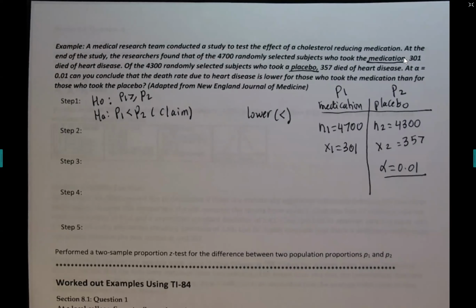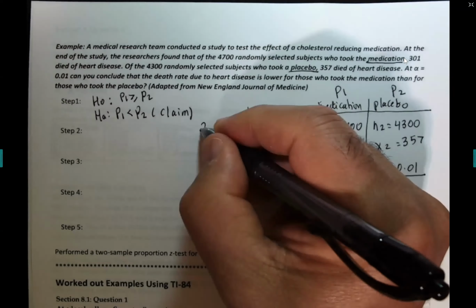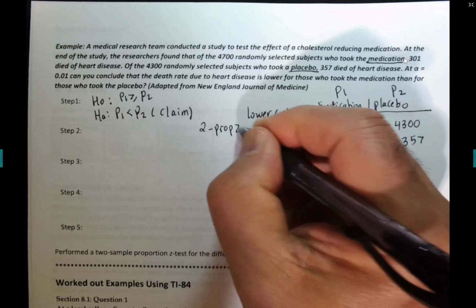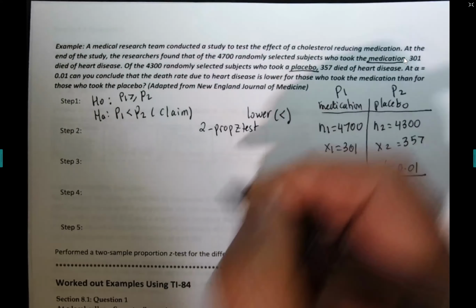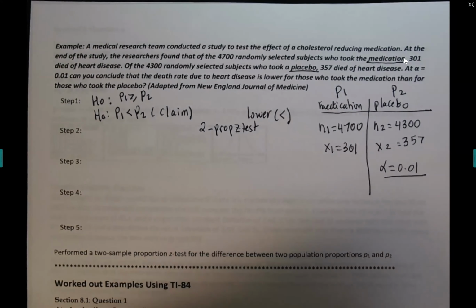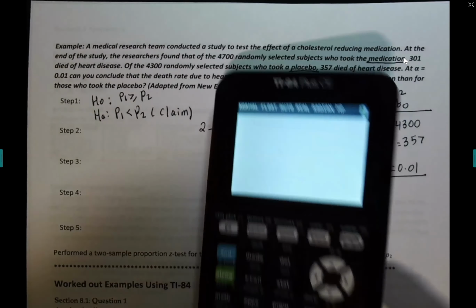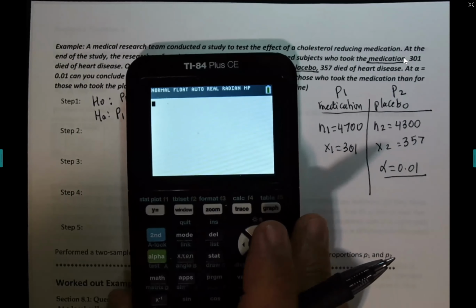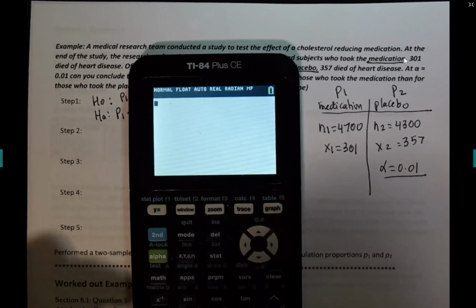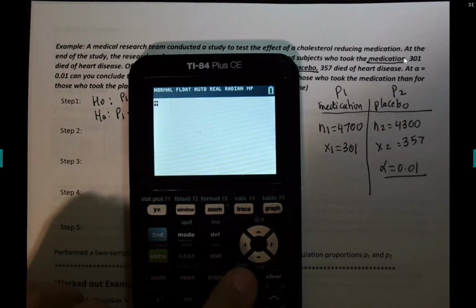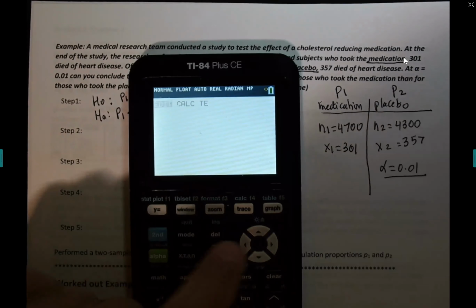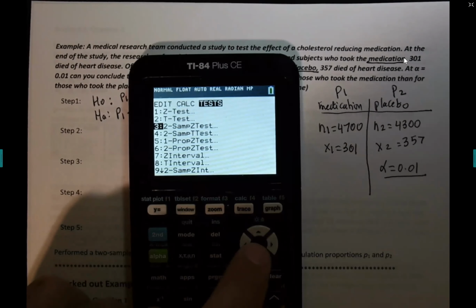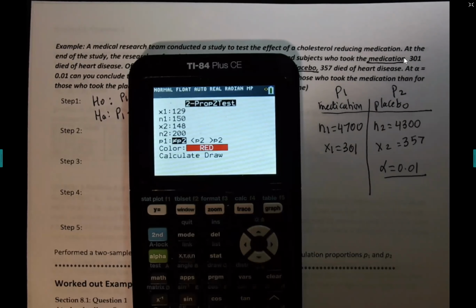All right, two-proportion z-test, as simple as that. Let's run the test together, guys. Stat tests, it's number 6.